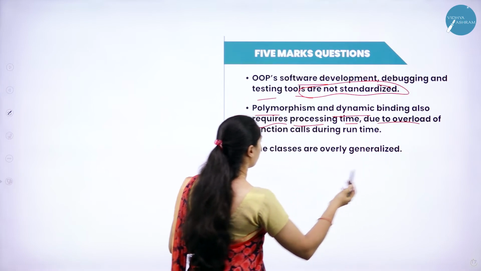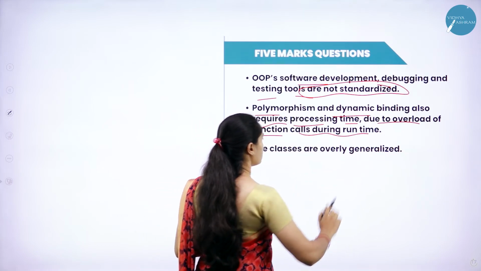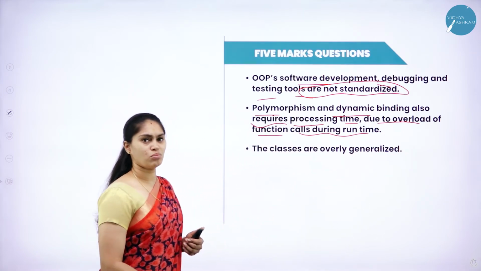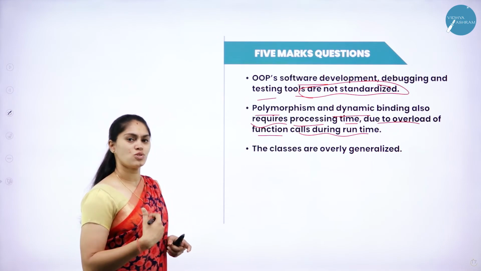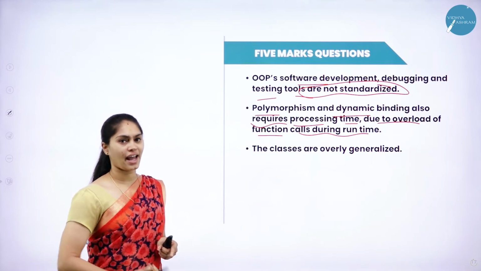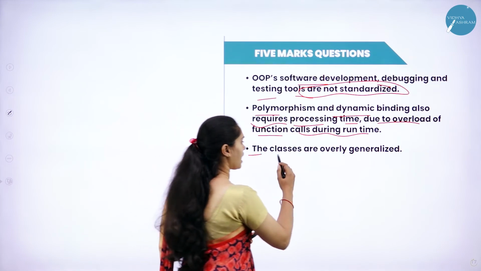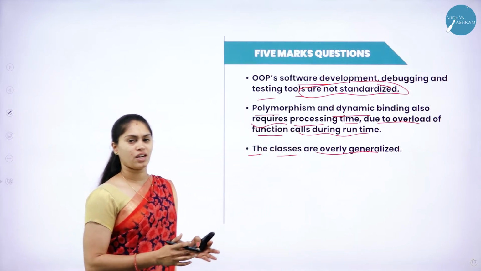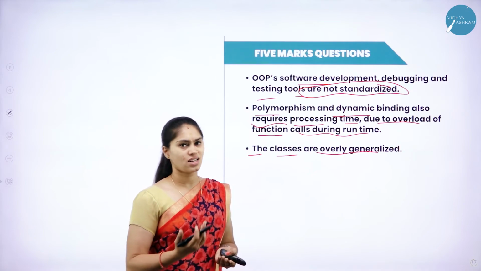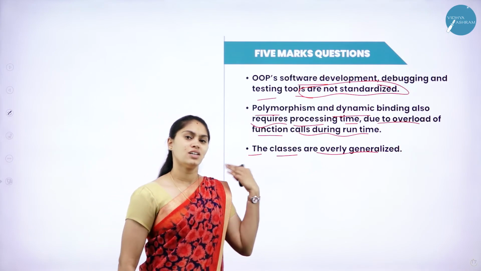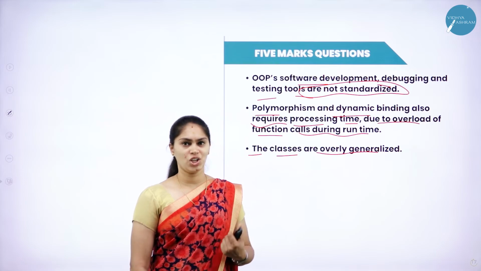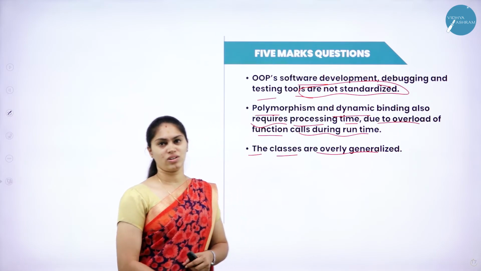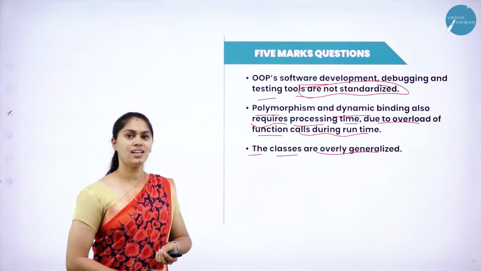Due to the overload of function calls during runtime, it will take more time to execute, so the execution will be slower. And also the classes are overly generalized. If it is not specific or standardized, if it is generalized, you can use the concept however you want. That could also be considered one of the disadvantages or limitations.